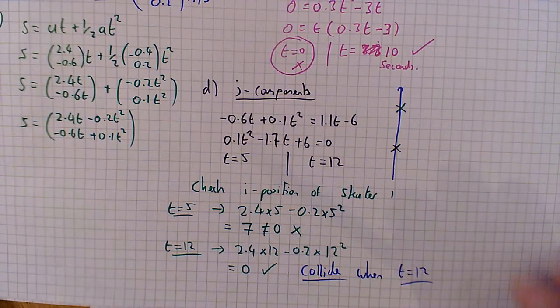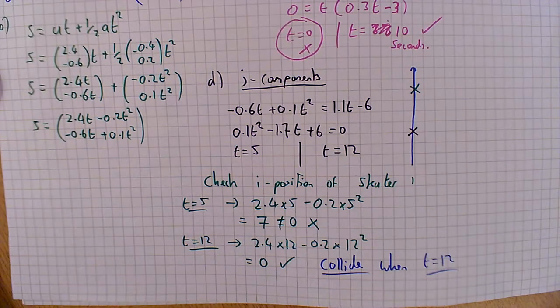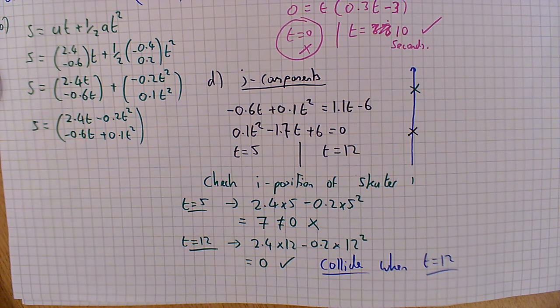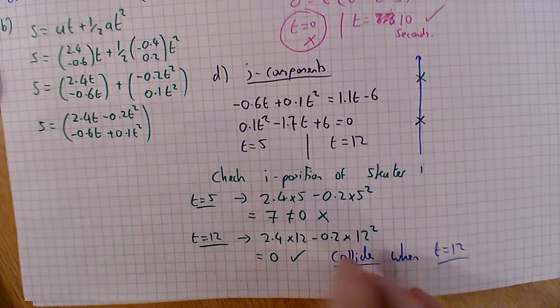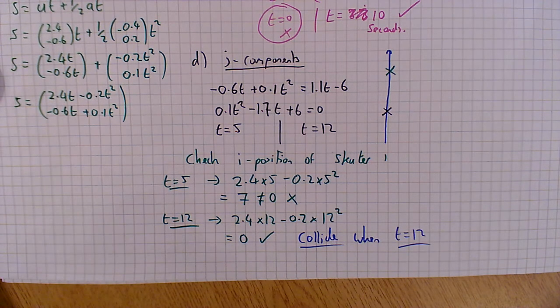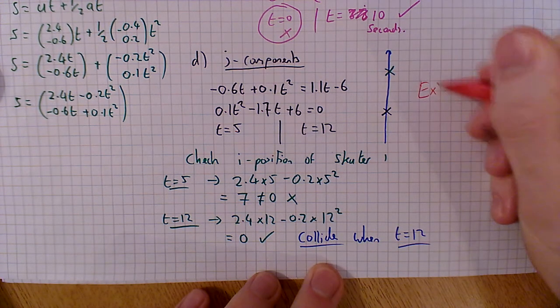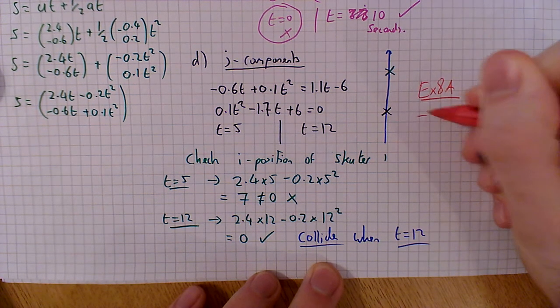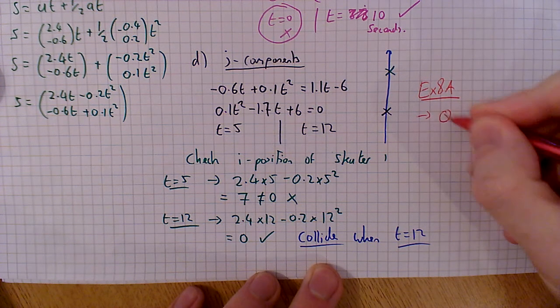Okay, that's the end of the first lesson. So let me give you some questions for you to do on that. Have a little look at exercise 8a, question 1.